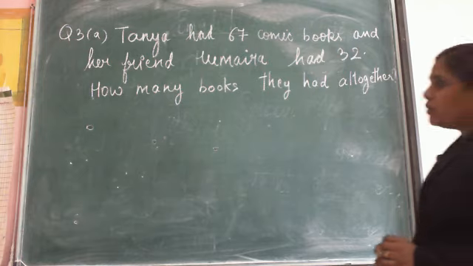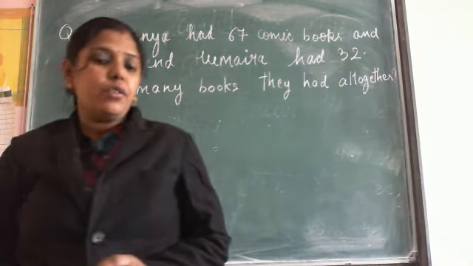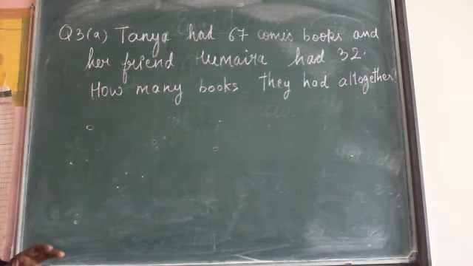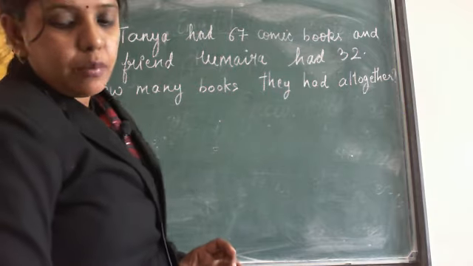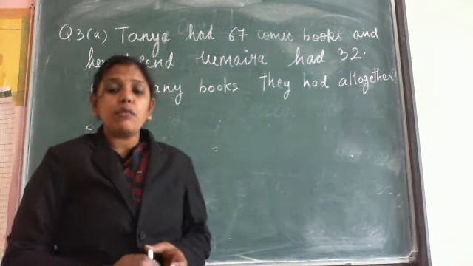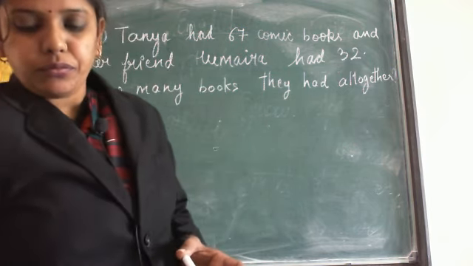Have you written the question? Once again I am reading the question. Tanya had 67 comic books and her friend Humaira had 32. How many books did they have all together? All together means you have to add. Start writing with me.